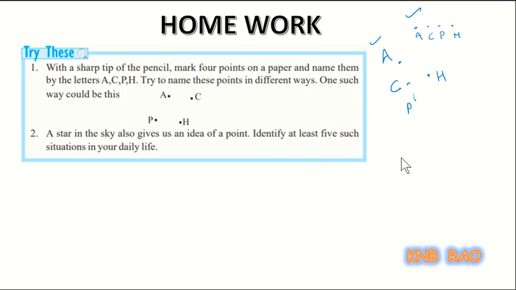So through that, if you watch students standing in an assembly, you find certainly like points. So this is one situation which I can bring to you.